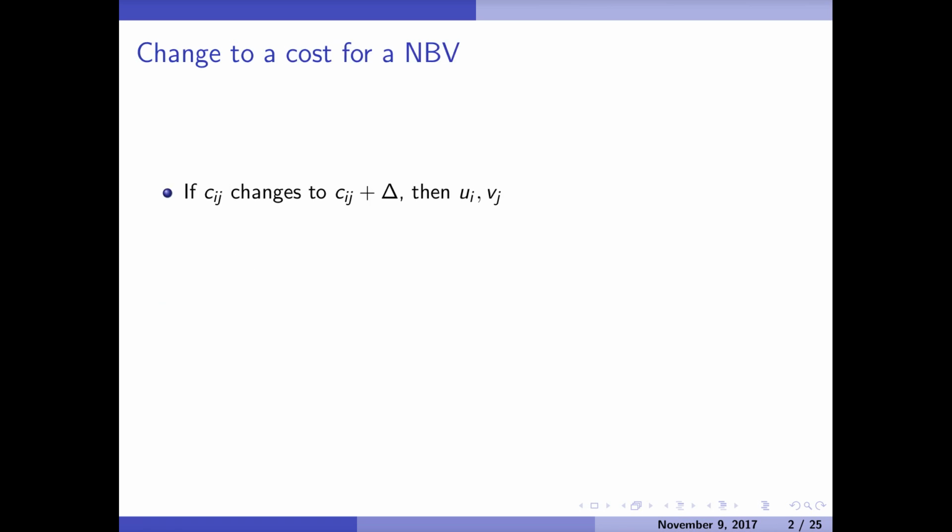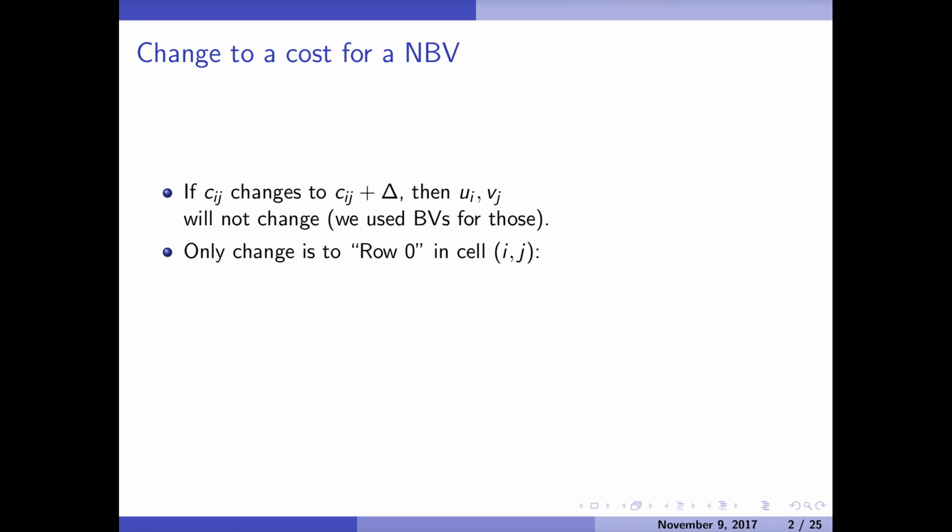So let's try just changing cost to a non-basic variable first. Let's say that Cij changes to Cij plus delta, and that's if it's a non-basic variable, Ui and Vj are going to be fixed, right? And so that's going to localize our change a bit. So then the only change is to row 0 in cell ij.